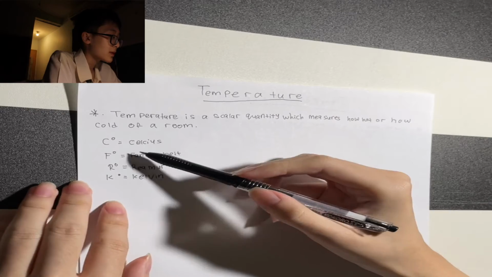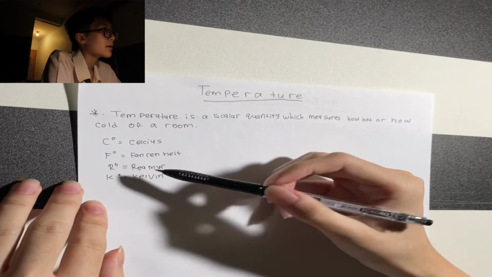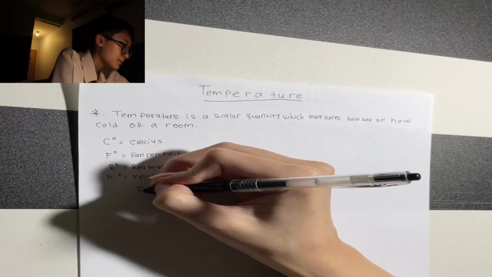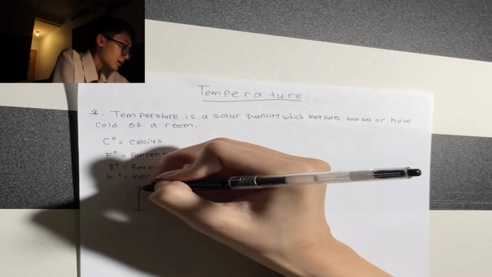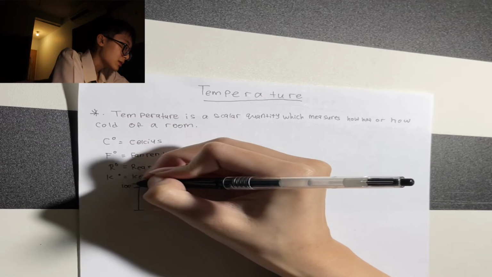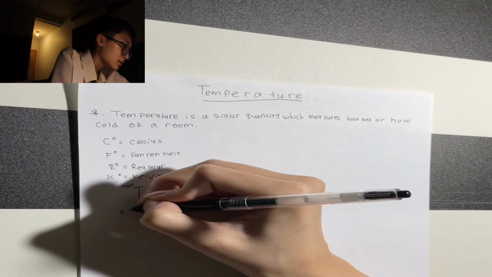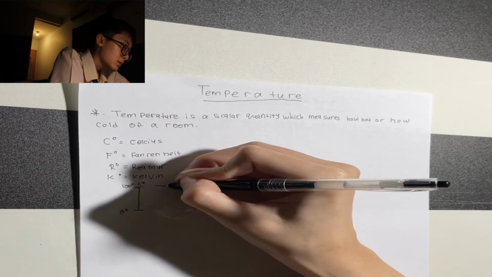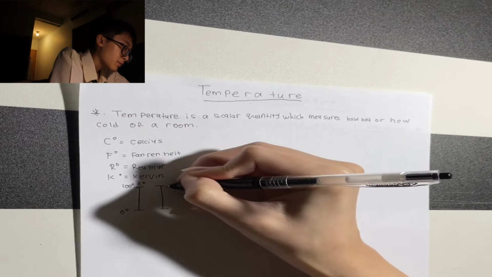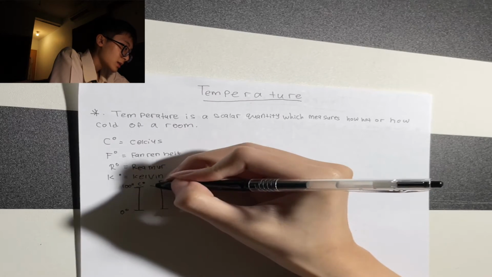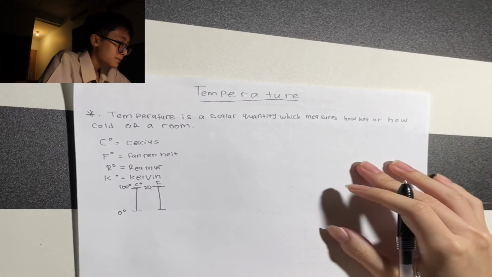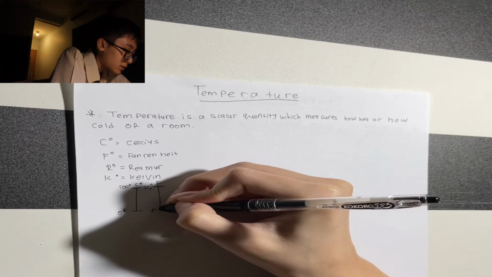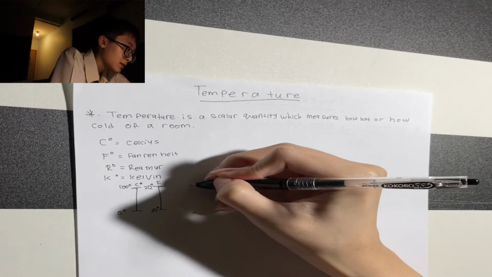Now, each one of these has its own boiling point and freezing point. Let's go to Celsius first. Celsius has 100 degrees of boiling point and 0 degrees of freezing point. Fahrenheit, on the other hand, has 212 degrees of boiling point and 32 of freezing point.